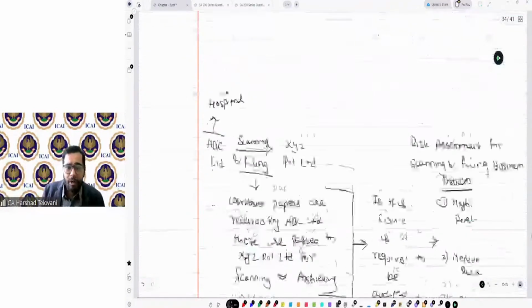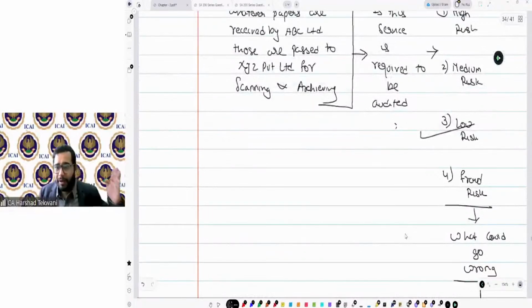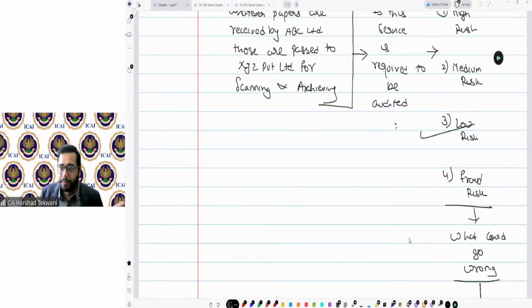In that case, if this particular process doesn't have any impact on my financials, it might not be necessary for me to test. In audit, if you are getting all your information, it means their record retention process is working fine.